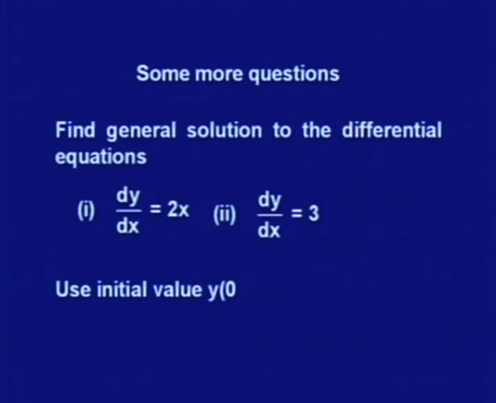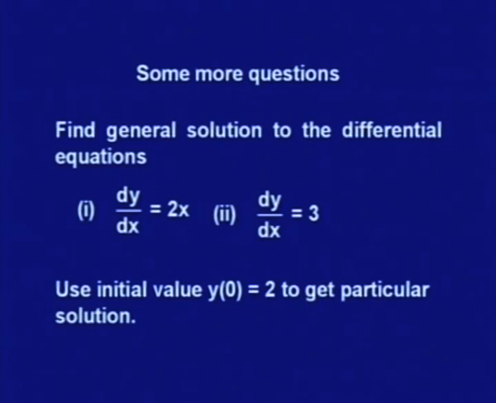Moreover, use the initial condition that y(0) is equal to 2 in both these questions and find a particular solution. You can experiment with other initial conditions also and see what you are getting. This would give you a little insight into what we mean by a differential equation and its solution.